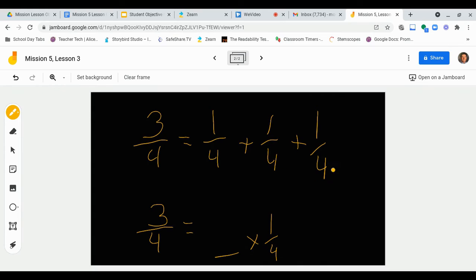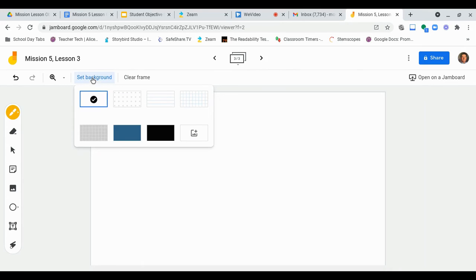So instead of 1/4 plus 1/4 plus 1/4, we can say 3 times 1/4. That's how we'd write it as a multiplication problem. Just like the repeated addition without fractions, it's very similar here.